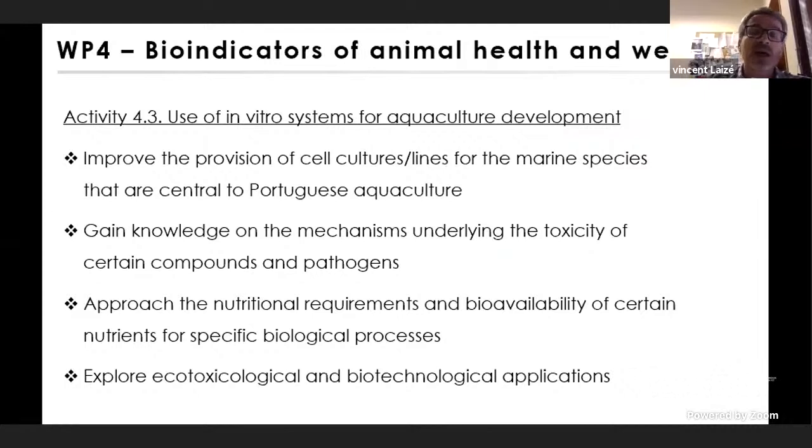And in particular, we would like to put some focus on the emerging species that I mentioned a few slides ago, which are the sardine, the meagre, and the amberjack, the seriola. But we will also use these cell lines to gain knowledge about toxicity of some compounds and also about some pathogens, so to look into host-pathogen interaction.